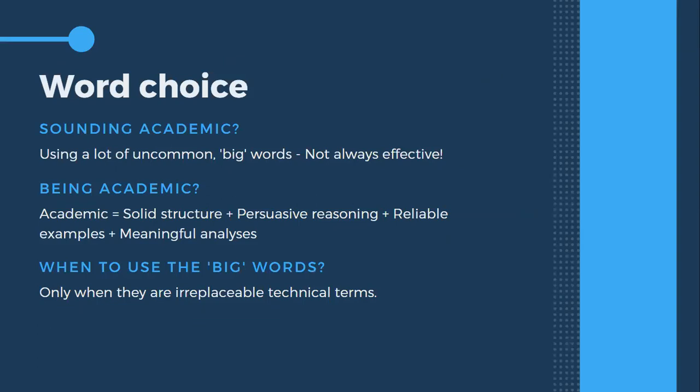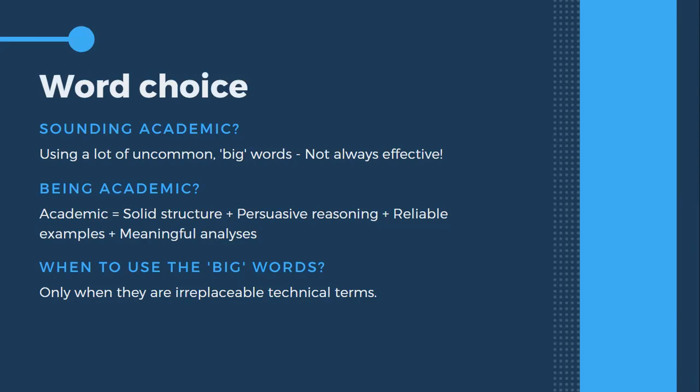Now, another thing that you can do to make your writing more understandable is to think of your word choice. A lot of the time, from my experience as a PAW, I had a lot of students asking me how to make their paper sound more academic, how to make their word choice more academic.